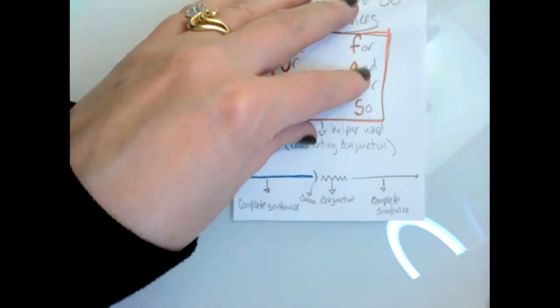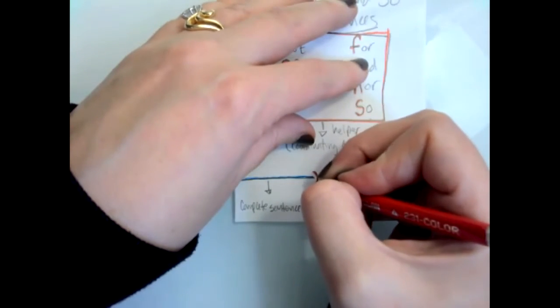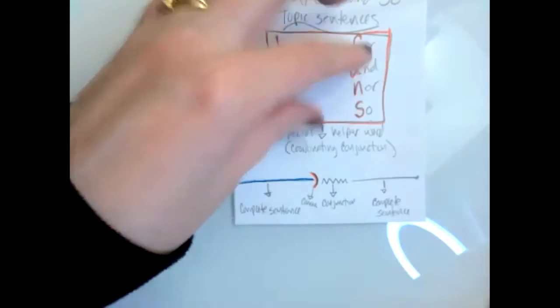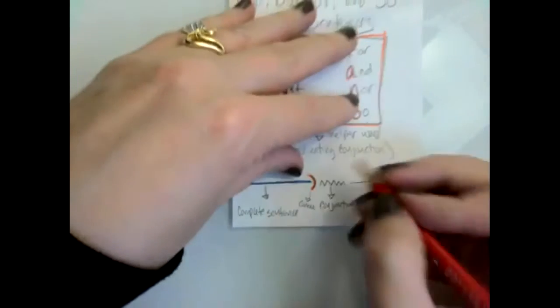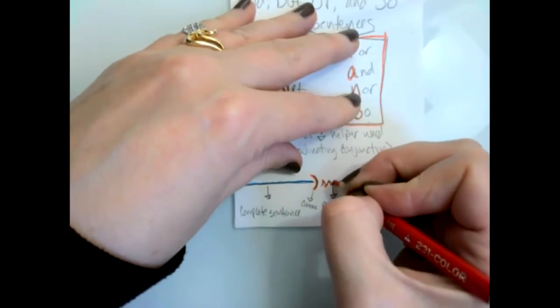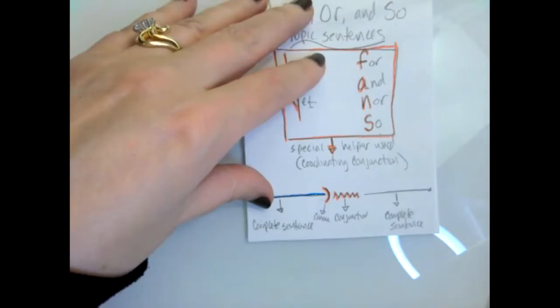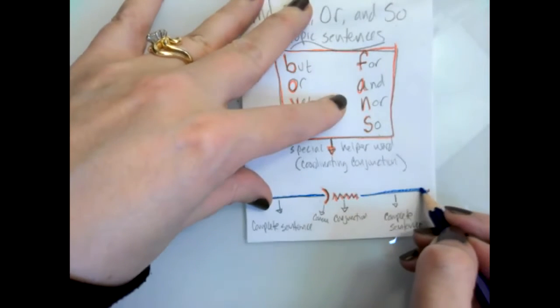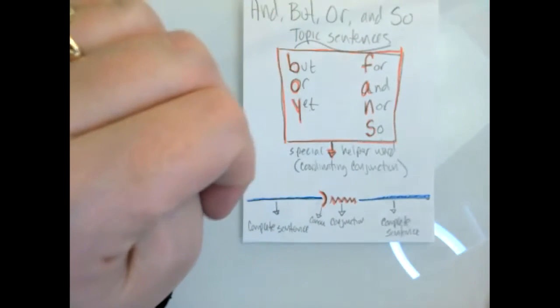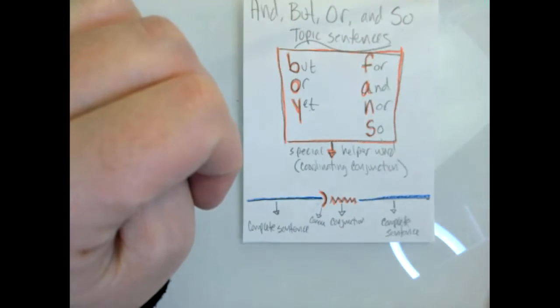We've got one, and then we have a comma. Go over that real heavy in red, make that really obvious and big. And then go over your squiggle with your red. That's our special helper word. Let's go over this arrow. Okay, one of these words comes here. And then we finish with another complete thought, also known as an independent clause.